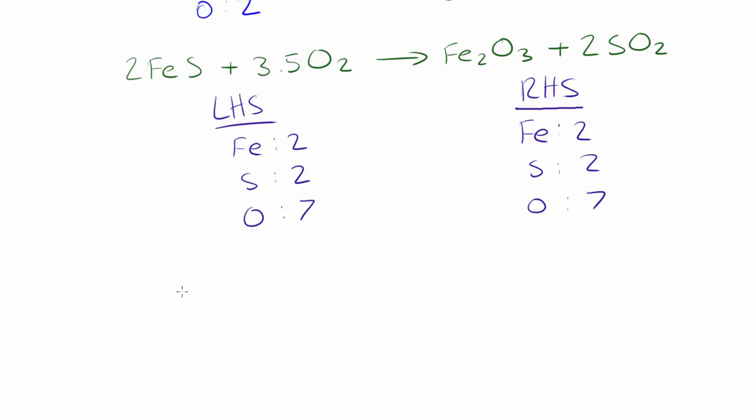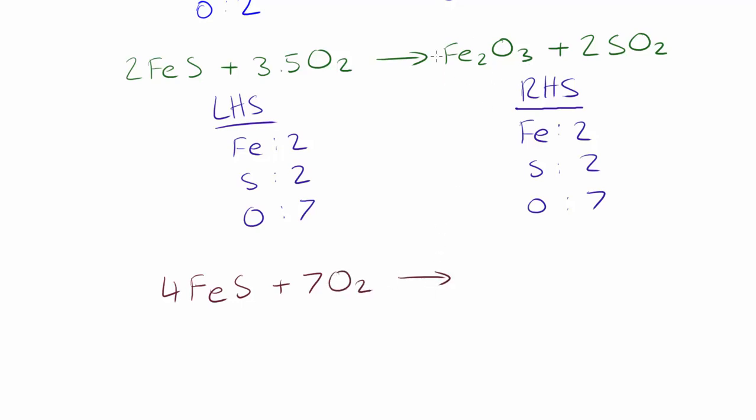So if we do that, what are we going to get? I'm going to now go through the new equation we get when we go through that process, which is going to be effectively 4. So I'm literally just doubling every coefficient, and where there is no coefficient, we assume the coefficient is obviously 1, so we double 1, which is going to give us 2, right? So FeS plus, and in this case double the 3.5, so we're going to get 7 O2.